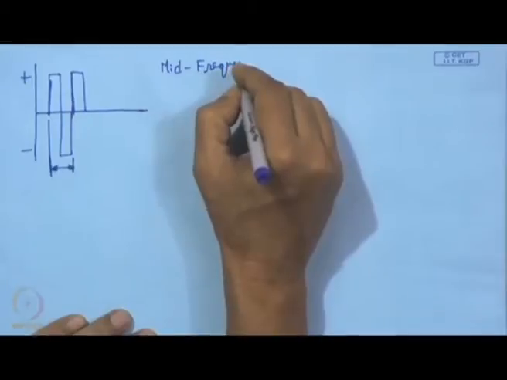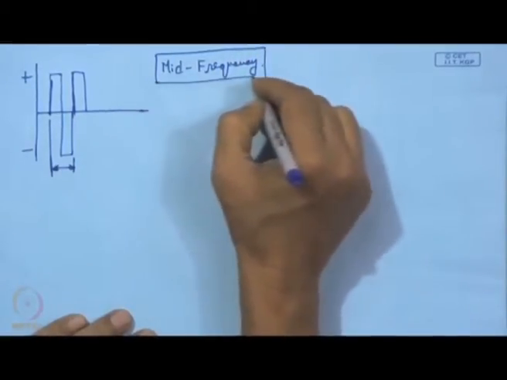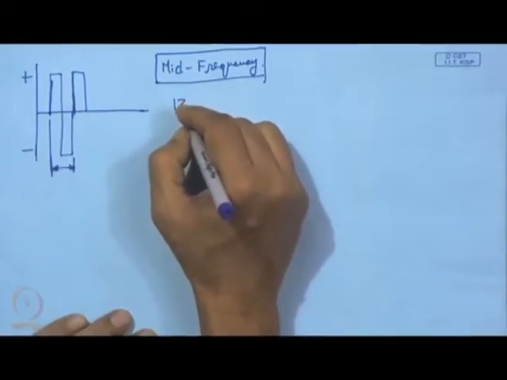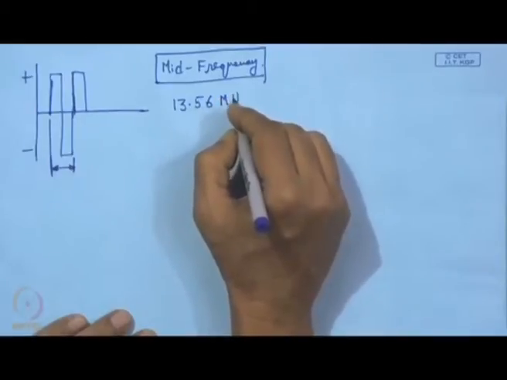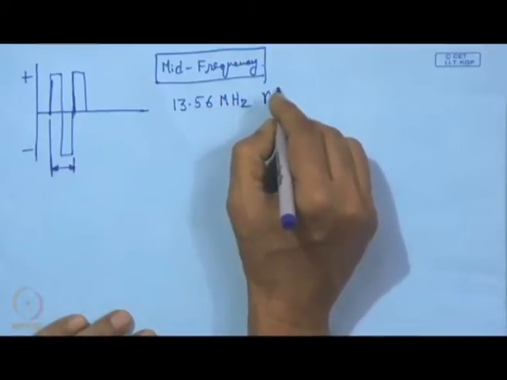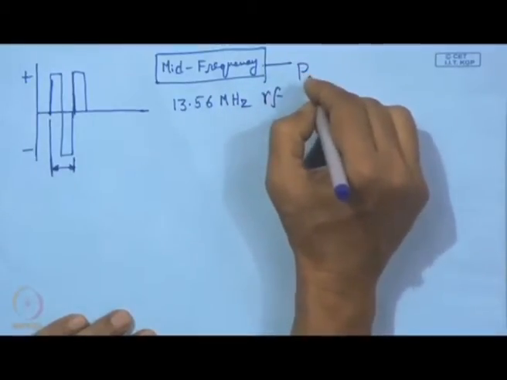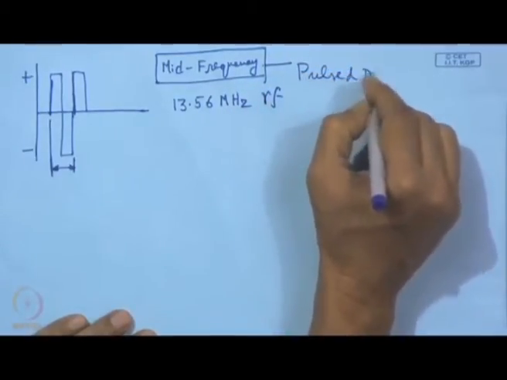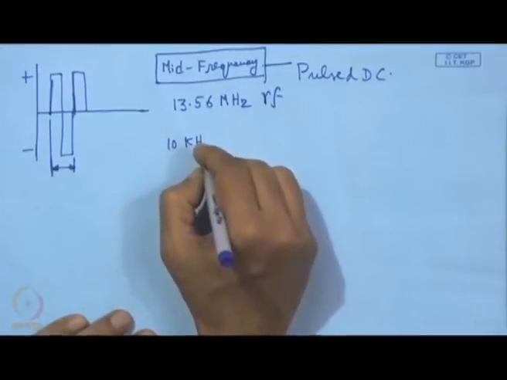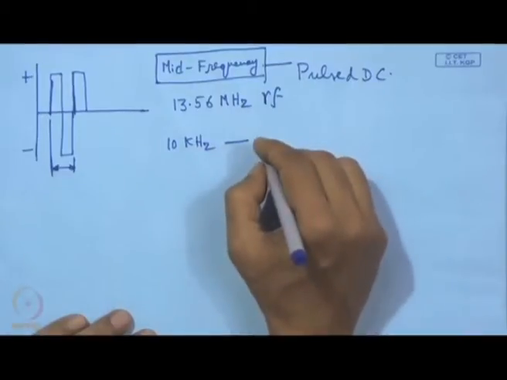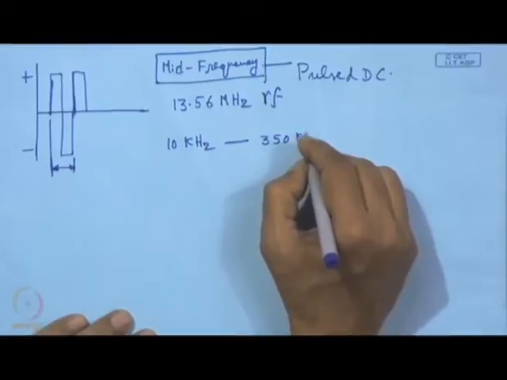Mid frequency pulse DC, it is not the high frequency as we normally refer to, 13.56 megahertz in case of RF, but this mid frequency is good for this pulse DC, and that is maybe from 10 kilohertz to, as of now, 350 kilohertz.